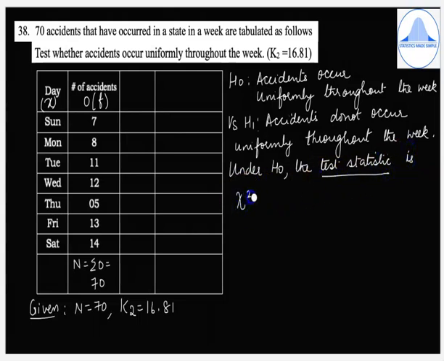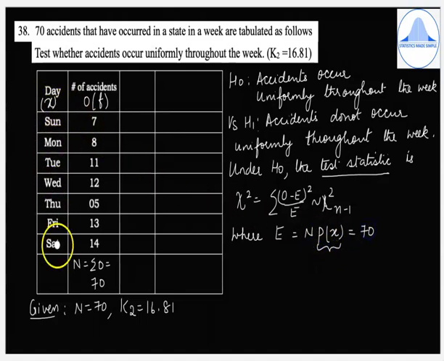chi-square equal to summation (O minus E) whole square divided by E, which follows chi-square n minus 1, where E is equal to capital N into P of X, and in this problem it is 70, and P of X, X stands for the days in a week.